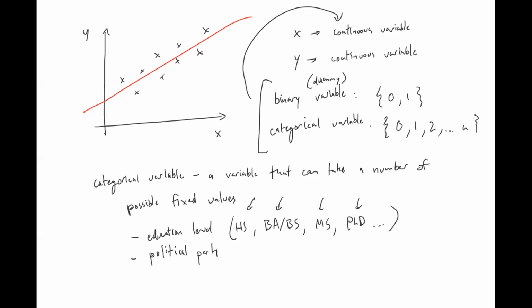And in fact, I can even do combinations of continuous and categorical variables. That would be known as an interaction variable.